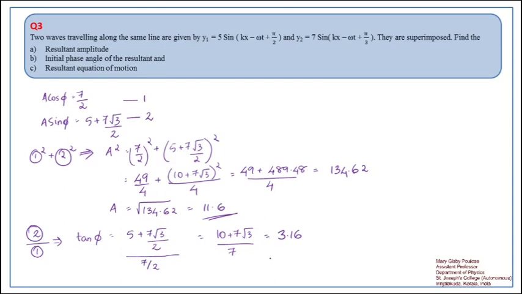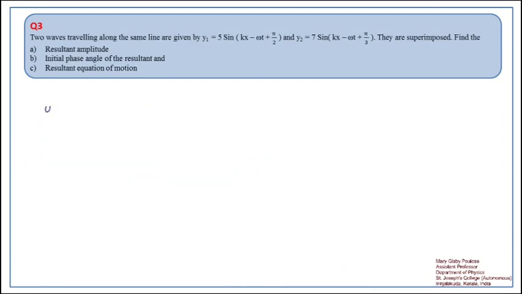Taking tan inverse, we get φ is equal to tan inverse of 3.16, that is 72.44 degrees. The resultant equation can be written as A sin(kx − ωt + φ), where A is 11.6 and φ is 72.44 degrees.